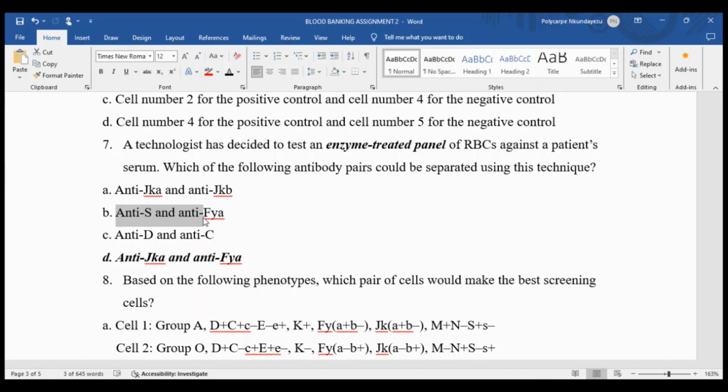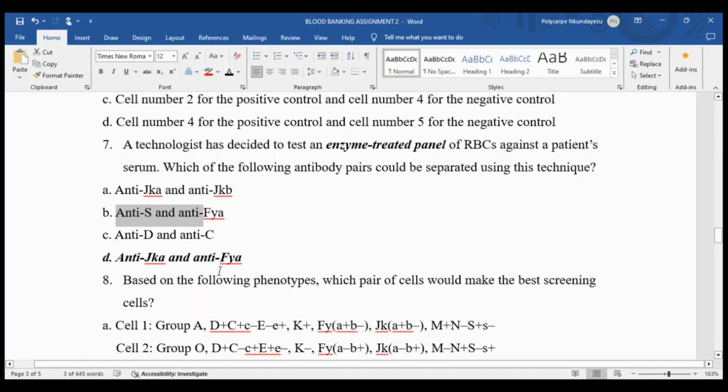You know, M and N can be modified quickly with enzymes, but S is somehow deeper inside, but it can't remain 100% stable when you use enzymes. And D and C, both of them are enhanced, so you can't use the pair to separate.